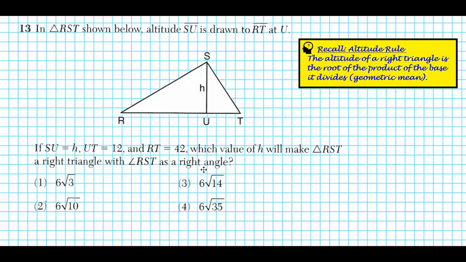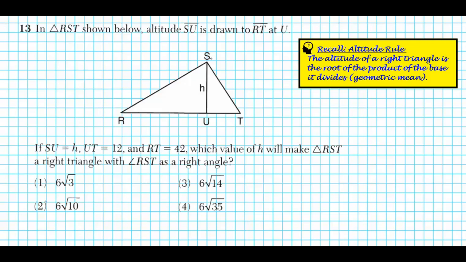Okay, so for this problem, there are two ways of doing it. You can solve this problem using similar triangles, or you can solve this problem using something called the altitude rule. The faster method is the altitude rule, which I'll use in this problem, or you can also use similar triangles.